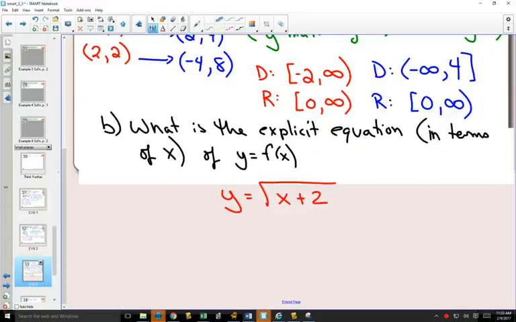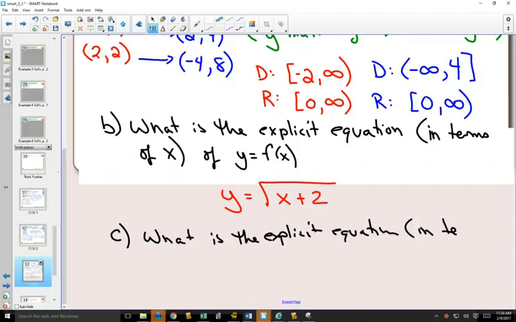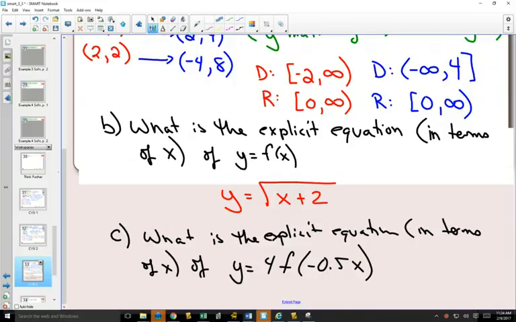And now, part C, what is the explicit equation, again, in terms of x of y equals 4 f of negative 0.5 x.